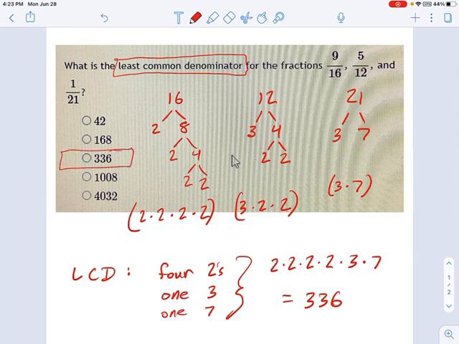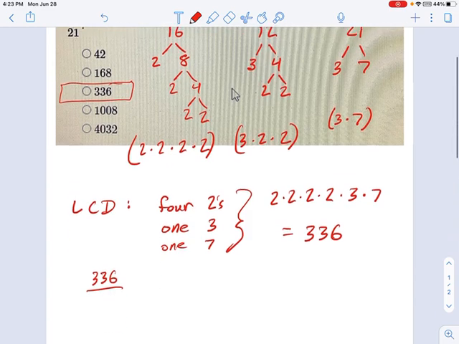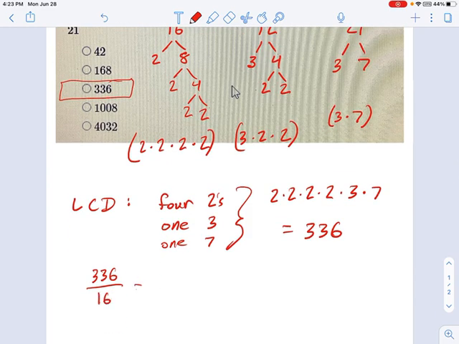Now, with these sorts of problems, what I would recommend, if you have the time for it, go ahead and check. Just make sure that when you divide 336, your least common denominator, by the other denominators, everything works out okay. And by that I mean there's no remainders. So 336 divided by 16, 21. It's a nice whole number. That's good. 336 divided by 21, well, that's going to be 16, another whole number.